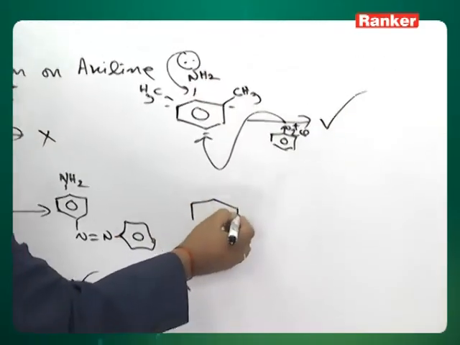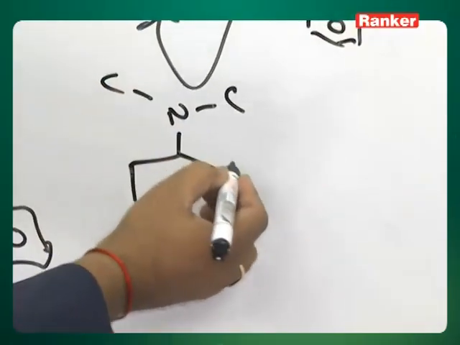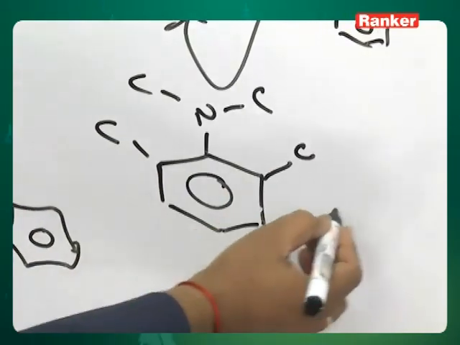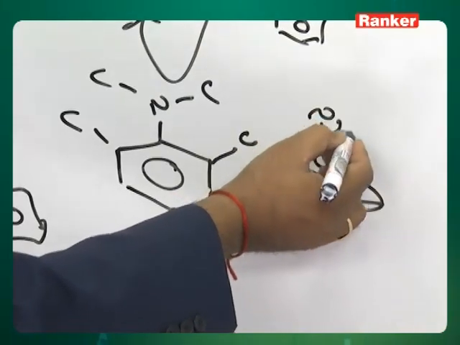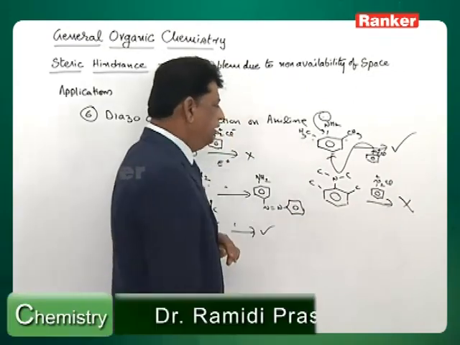Now the last explanation. See here, a nitrogen containing two methyls and the benzene also having two methyls. Now if you are proposing the reaction, the reaction fails. It's not taking place. Why is it not taking place?